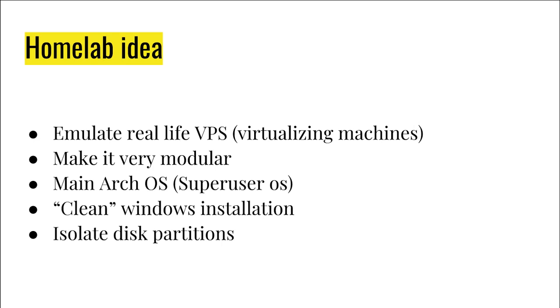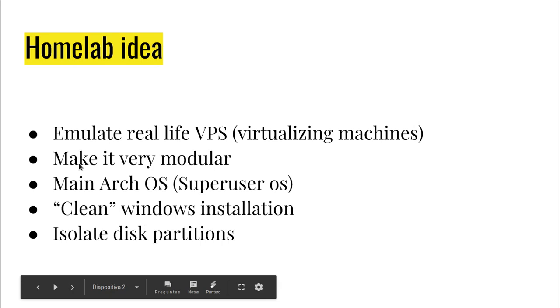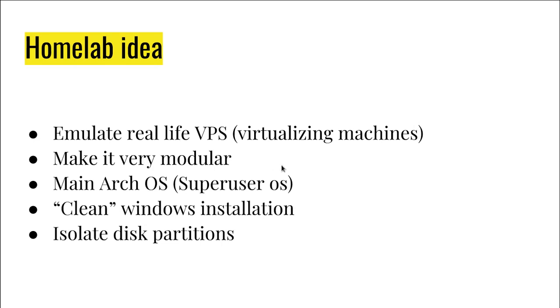And by that I mean that I want to make it very modular. That means, I don't know, having some media server and FreeNAS, but every virtualized machine in charge of one specific task, so I can isolate the services pretty well.